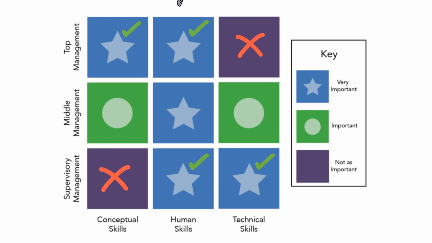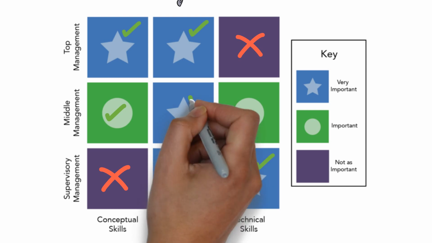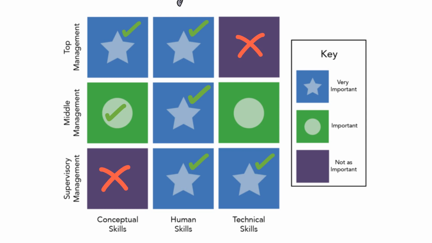Middle-level managers require strong conceptual skills to analyze data, identify patterns, and develop plans and strategies aligning with the organization's goals. They require strong human skills to communicate effectively with employees, resolve conflicts, and motivate their team to achieve departmental goals.